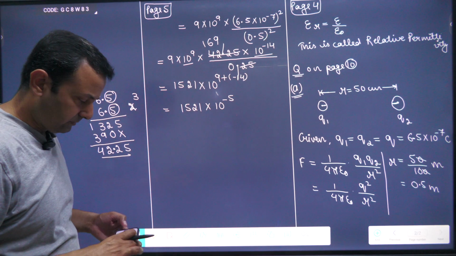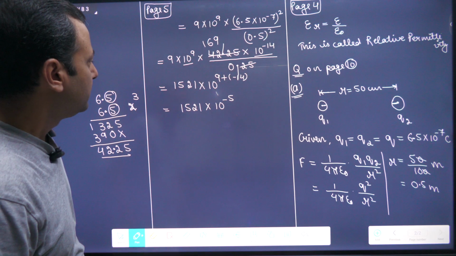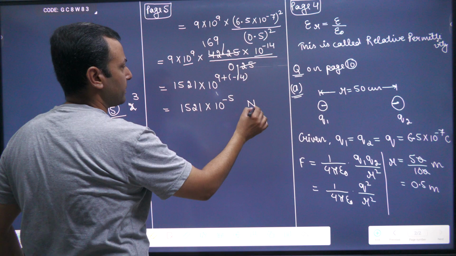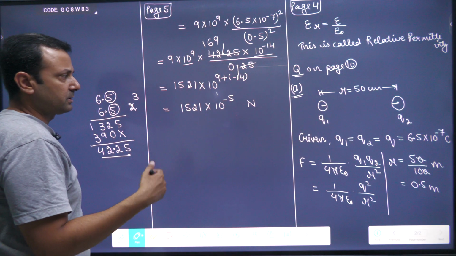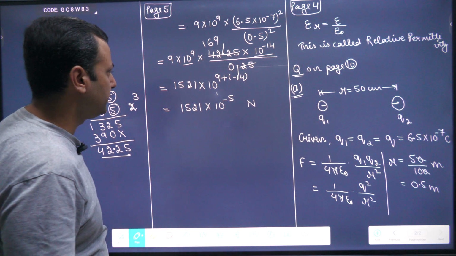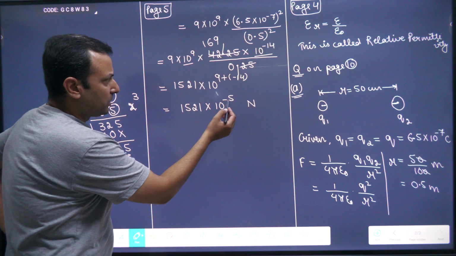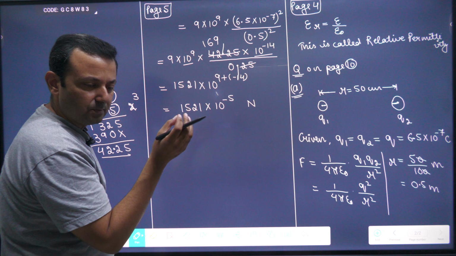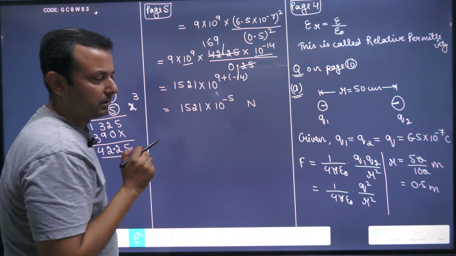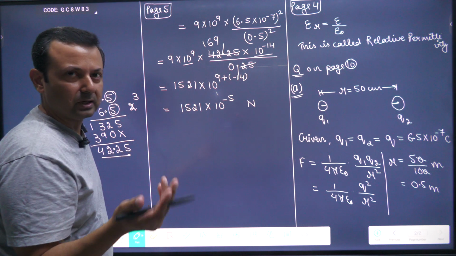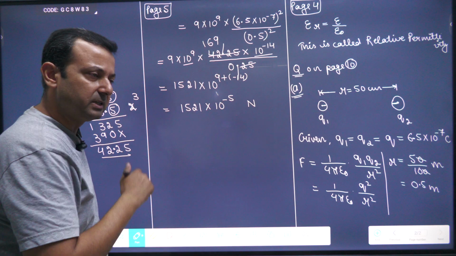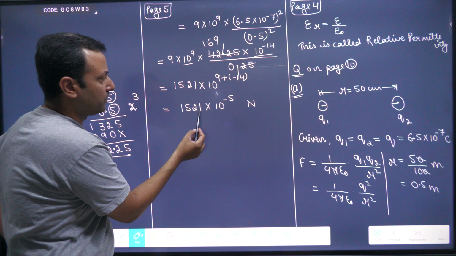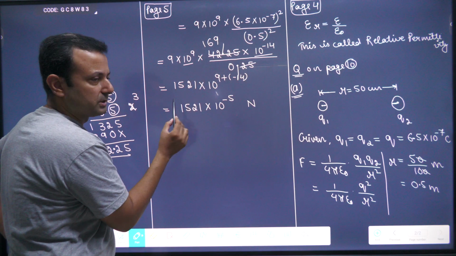Newton, right? Yeah, Newton. Okay, we can do one thing. Always remember this new concept which I am telling you. If you want to make this number a little bit smaller, 1521 is a big number. If we want to decrease this number, we will count from here, 1 digit, 2 digit, 3 digit.